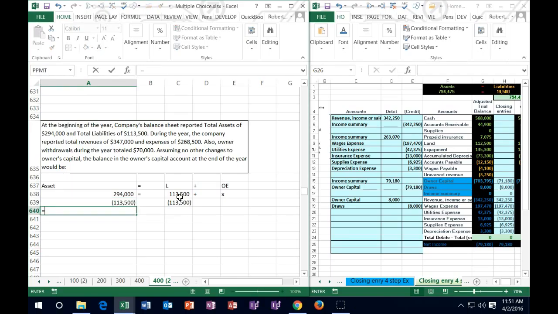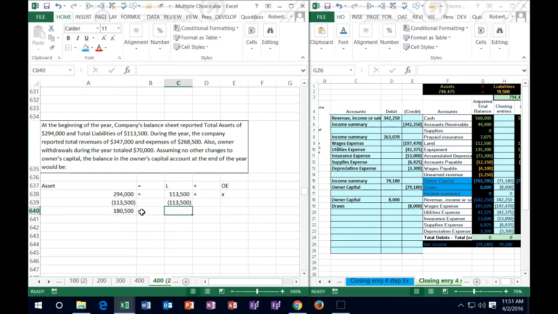And then that will leave us with 294 plus the negative. It's going to be a subtraction problem, but in Excel, I'm saying plus the negative. So all I did was say this minus this gives us the 180.5.